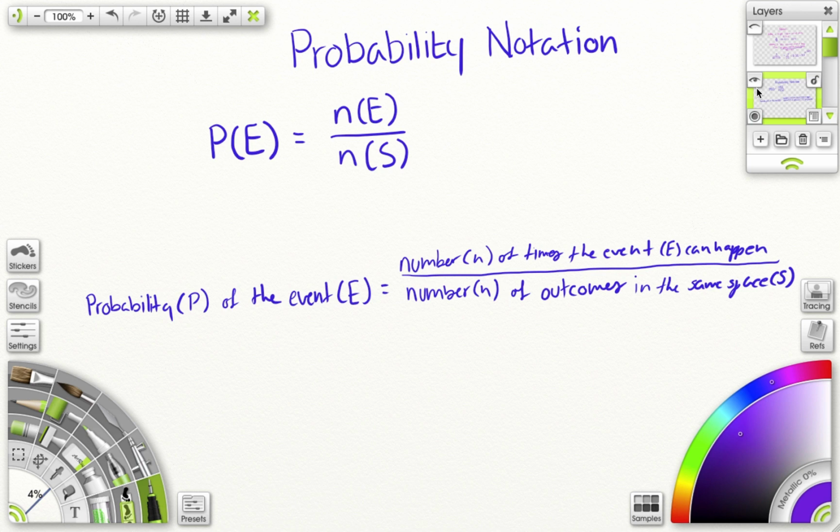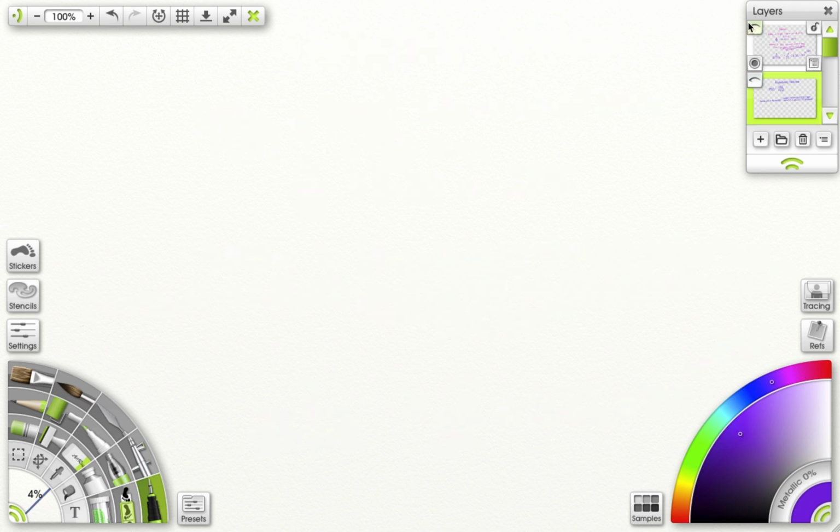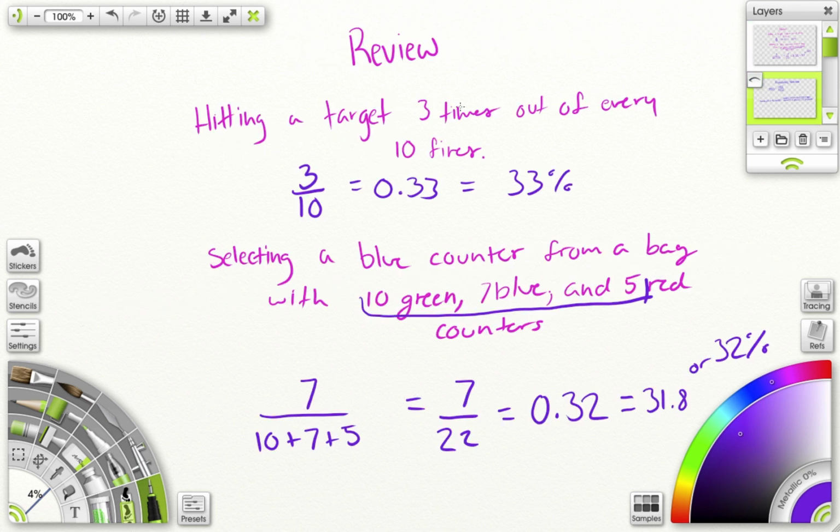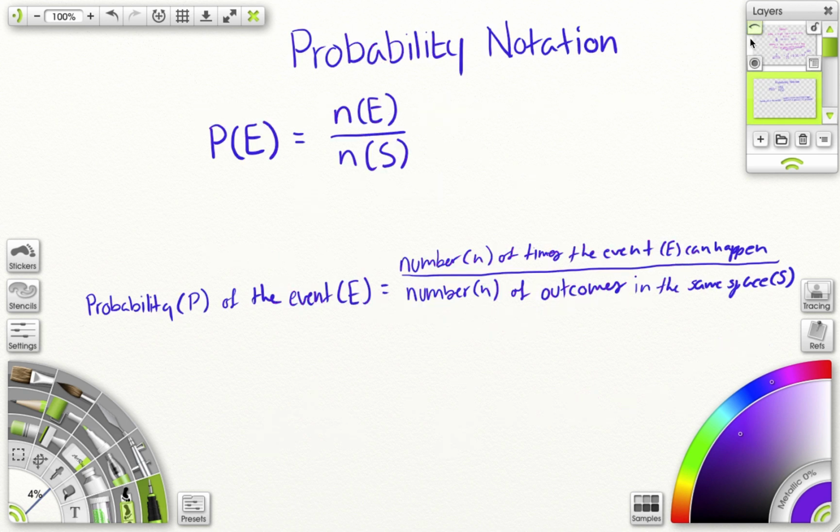If we're talking about this example here, the number of times the event can happen is the 3 hits that you get. And then the number of outcomes in the sample space. What the sample space is, it basically just means the total of what you're dealing with.